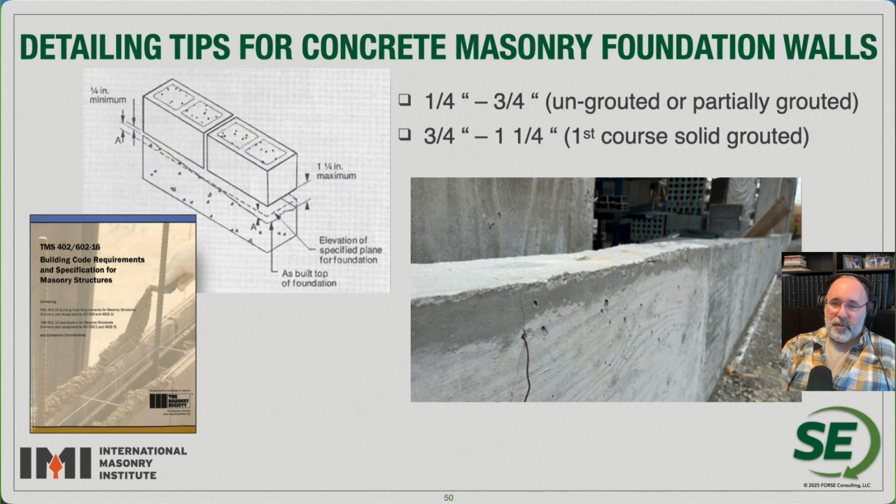That is going to be a really important allowance for construction. So if you're going to be out at the site verifying what different types of joint thicknesses are going to be, typically we want to stick to that 3/8 inch mortar joint for all of our construction, but recognize that at foundations we do have a little bit more allowance for thicker mortar joints.